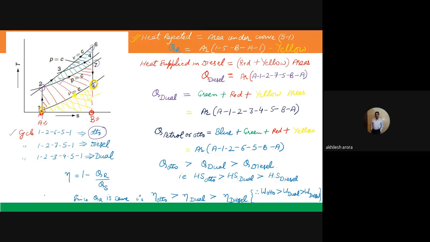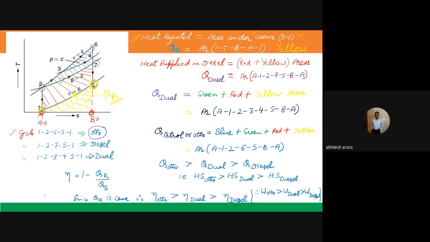So I have written it here. Heat rejected is area under curve 5 to 1. Okay. So what is this area? If I want to write this area, I can write this area is equal to 1 5 dash B dash A dash 1. So you can see it on this diagram.